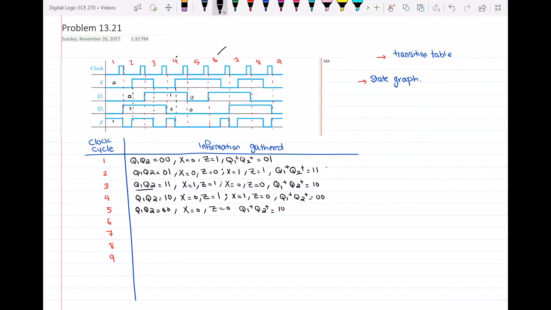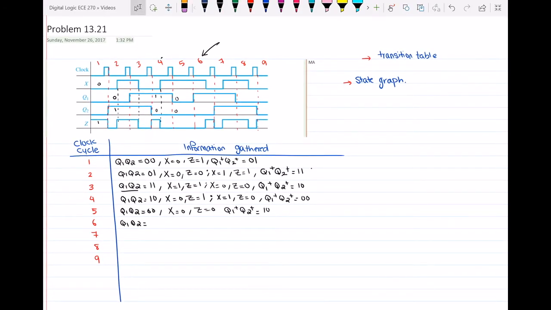Then we go to the 6th cycle, so Q1, Q2. The present state of this cycle will be equal to the next state of the previous cycle, right? So 1, 0. Let's see if X is changing. Yes, in cycle 6, X is changing once. When X was equal to 1, Z was equal to 0.